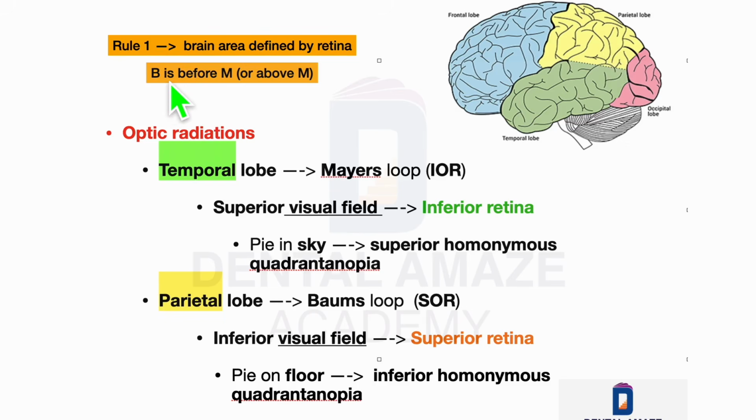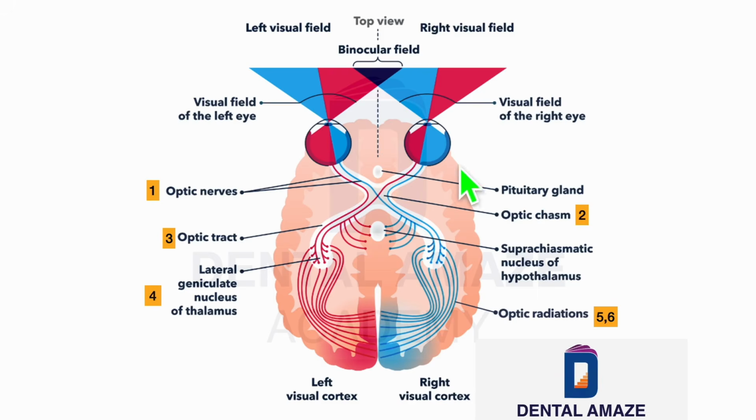Rule number 2, or connected rule, is: B is before M. Now why B is before M? In the parietal lobe, the fibers loop out, and these fibers are called Baum's loop. Basically we're talking about the optic radiations. I don't want to complicate things this much.